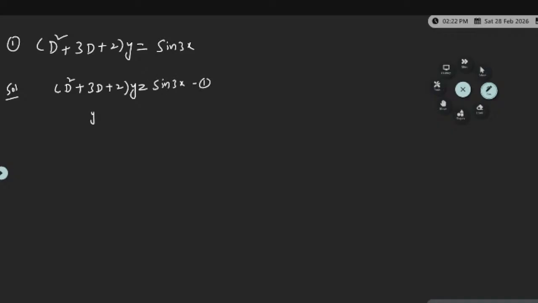Y equal to yc plus yp. I am giving this as class work now. All of you find the yc. I will handle yp, the particular integral. I will give the time.